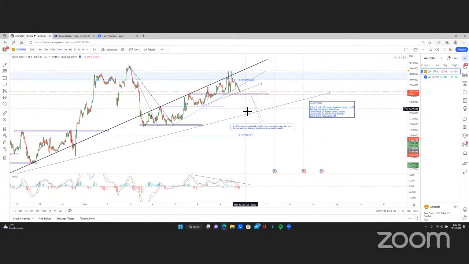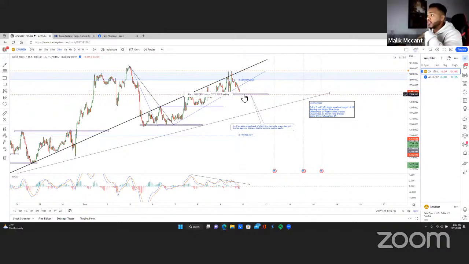I have a question, Malik. Yes, ma'am. You said that if price respects this minor zone, then we can look to take buys. Would you take a small buy up to the black trend line, or would you have to wait to see if it breaks the blue one first? If price comes right here and respects this, then we can look to push up.